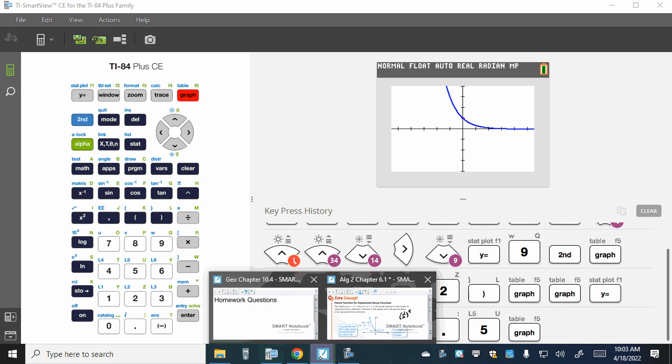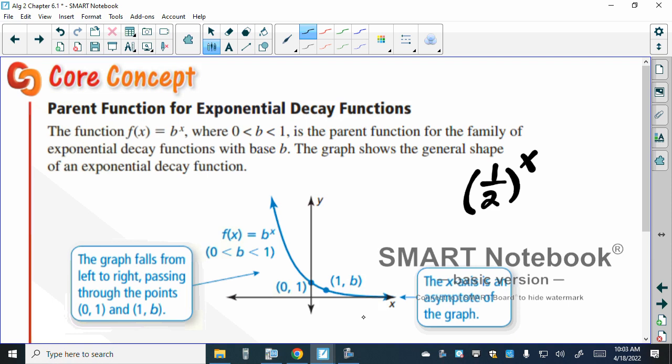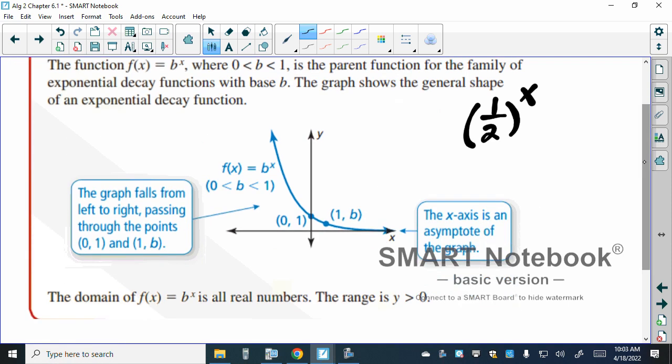Now, with this here, do we think this will ever actually get to be 0? Well, no. Let's look at the function itself, because of exponential properties, we're saying that we can apply the x to the numerator and the denominator.